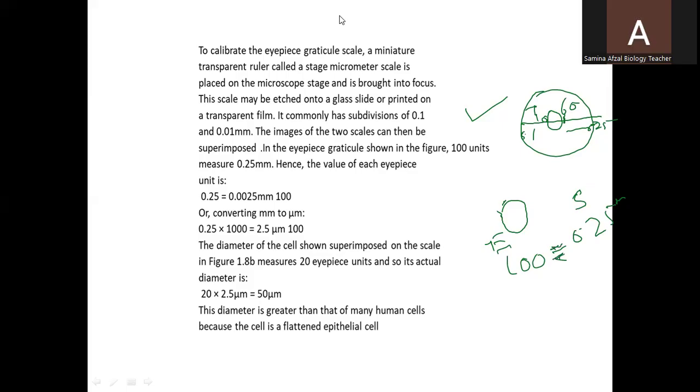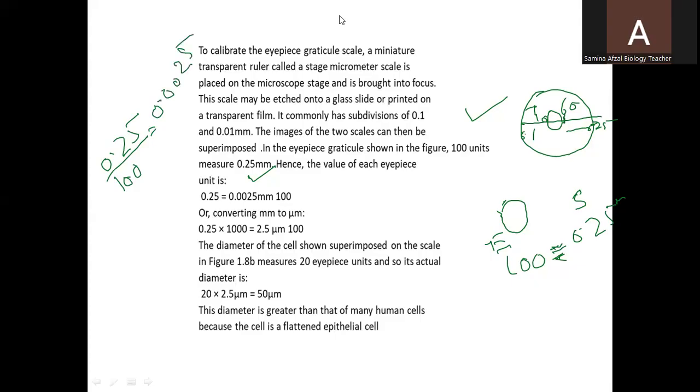For calibrating them, we will divide 0.25 by 100 units. As for example, 0.25 divided by 100 will be equal to 0.0025.